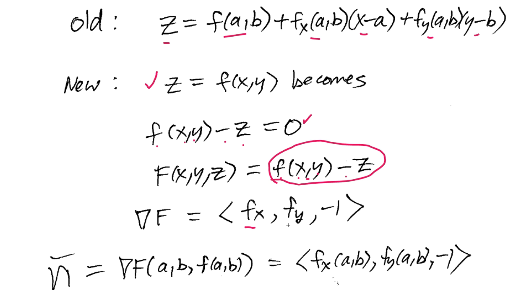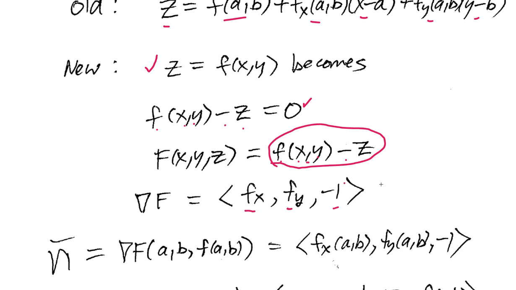The same thing with y, same reasoning. What happens when I differentiate with respect to z? I would just get negative 1, because little f of (x, y) has no z in there, so that gives 0, and 0 minus 1 is negative 1.